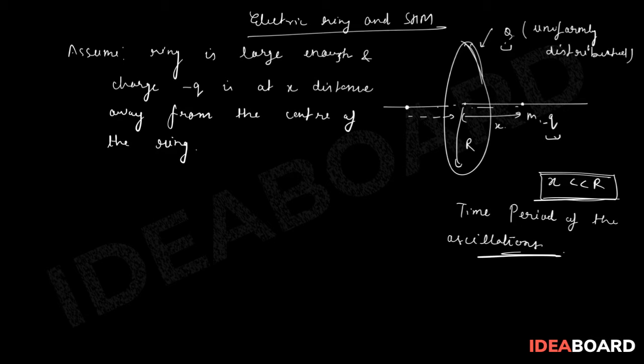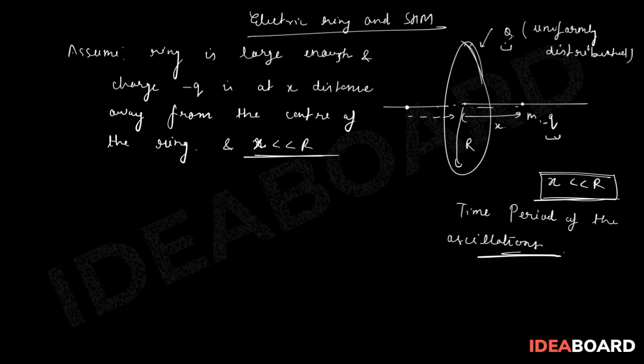Of course I already told you x is very small in comparison to r, where r is the radius of the ring. So now you need to find out the time period. So first of all, analyze the case.